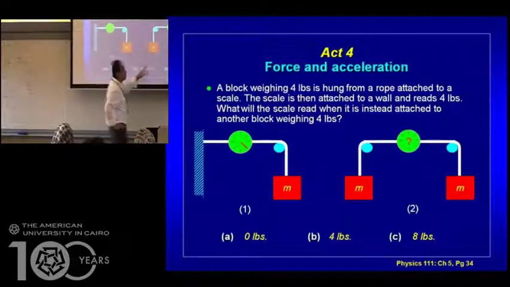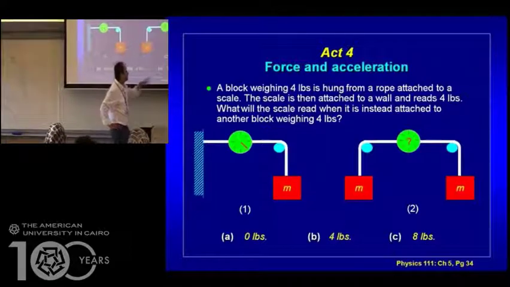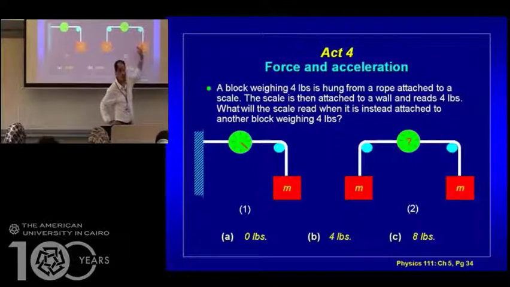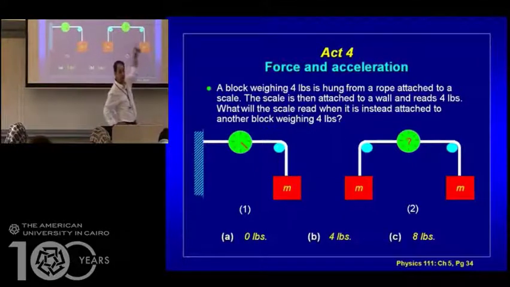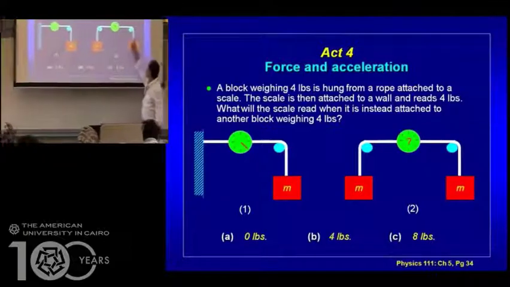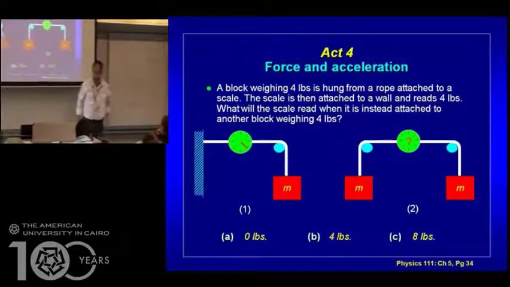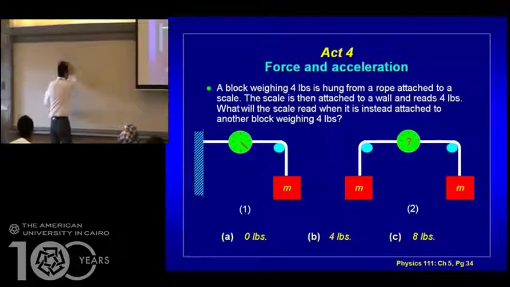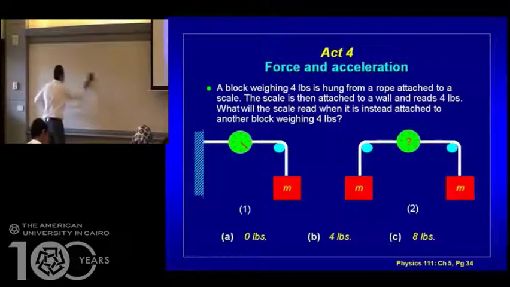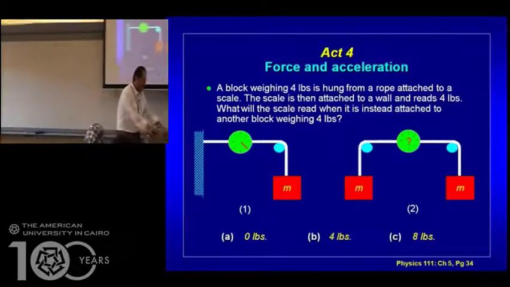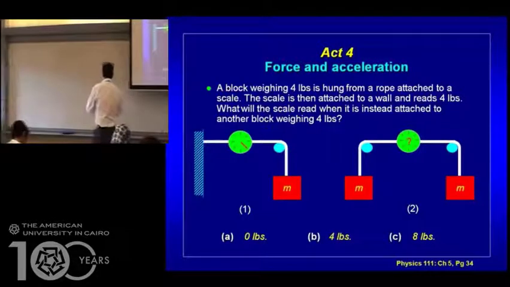So now, my goal is to find the tension in that wire. In that wire. Forget the other one. It's not important, as long as they are the two masses. What is the tension in that wire? In here, mg. If we draw the free body diagram, that's the mass m.